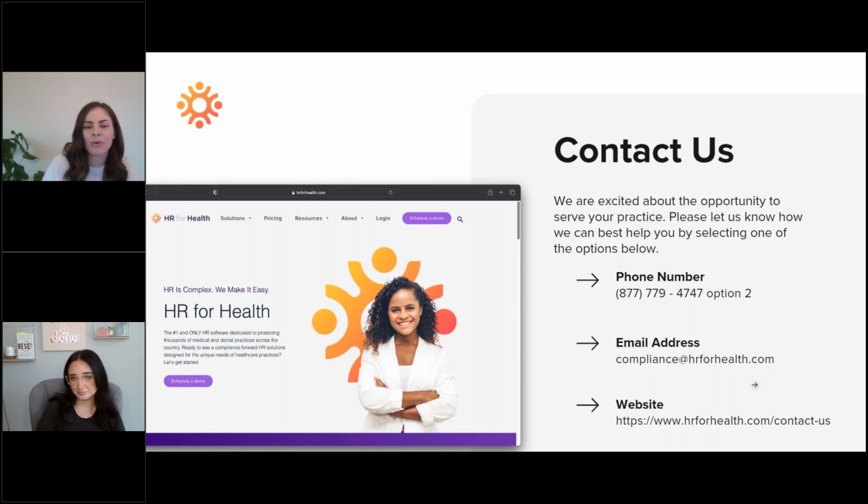If it does get to the point where they're continuously taking unapproved time off, we do have a violations feature. So if you're an HR for Health client, make sure that you're utilizing that feature for documentation. You can actually copy in your policy, which specifically outlines when they need to request it and how they can take their hours. So it's always good to be objective and include your handbook policy in a violation.